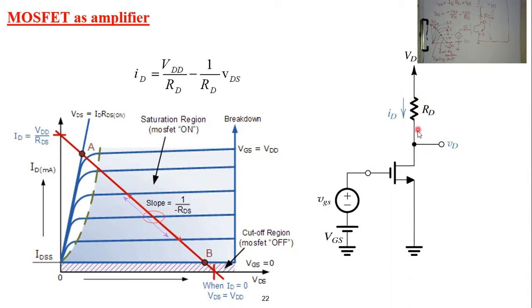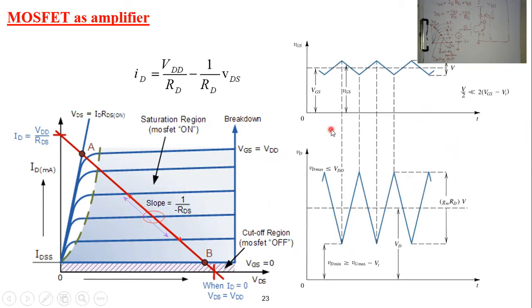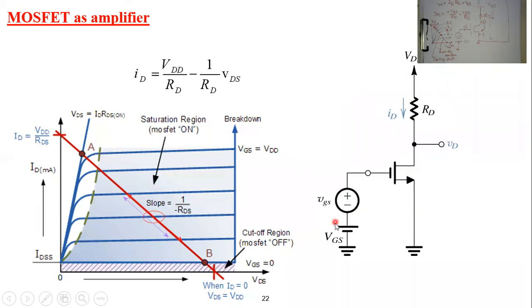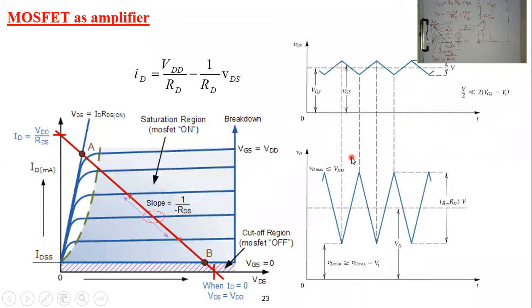And whenever you have a varying ID, you have a varying VD. This is the input: a VGS which is fluctuating around a certain DC value, depending on the value of this source. And then you have an output which looks like this.